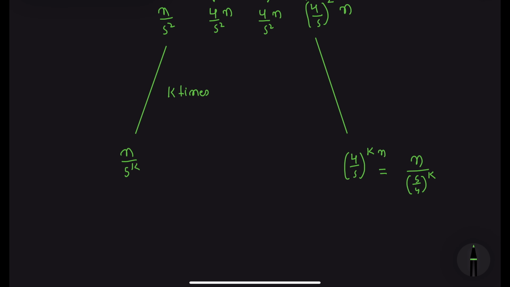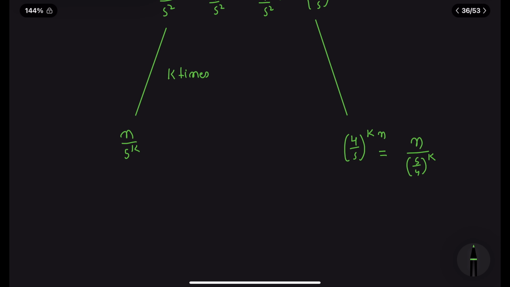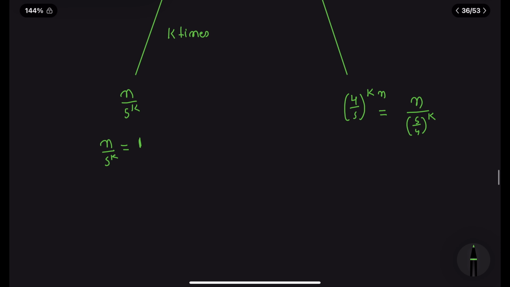If we solve this, after k times it is terminated, so n/5^k will become equal to 1, and this will terminate. If we solve for k, we get k equal to log base 5 of n.